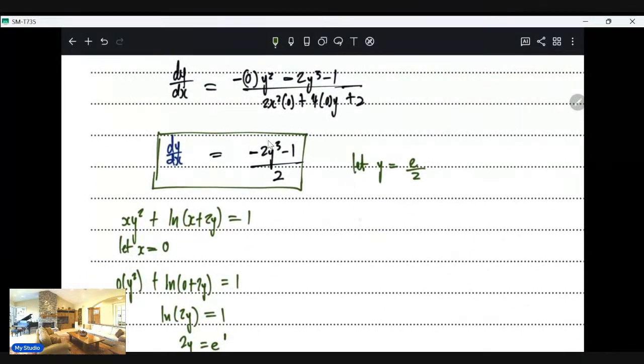So this means now that dy dx will be equal to negative 2 of e over 2 cubed minus 1 divided by 2. Since there is a 2 and a 2, it will be negative 2 multiplying e over 2 cubed, which is e cubed divided by 2 cubed, which is 8.